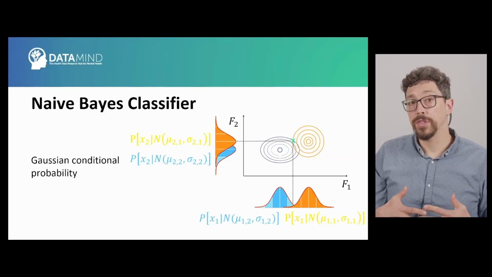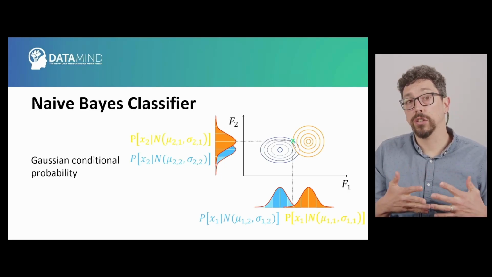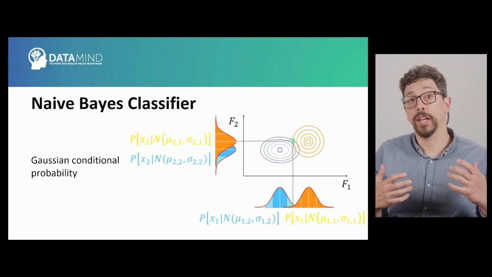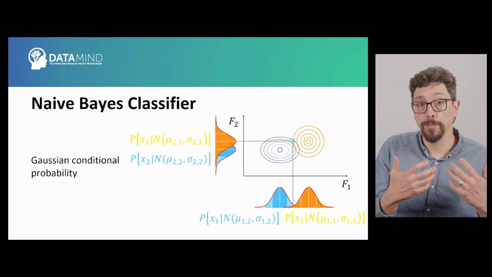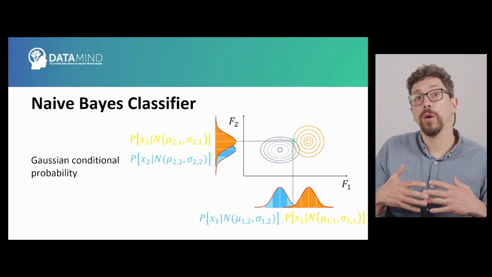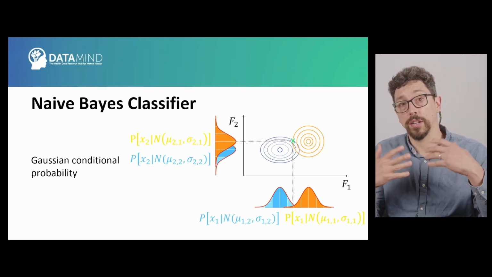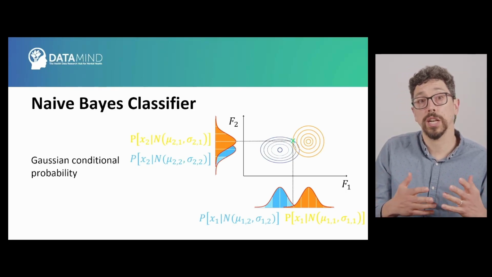Once we define the conditional probability based on the Gaussian distribution, and we have the mean and the standard deviation for each of these distributions, then we can calculate the conditional probability of a new, evaluated sample belonging to each of the classes.